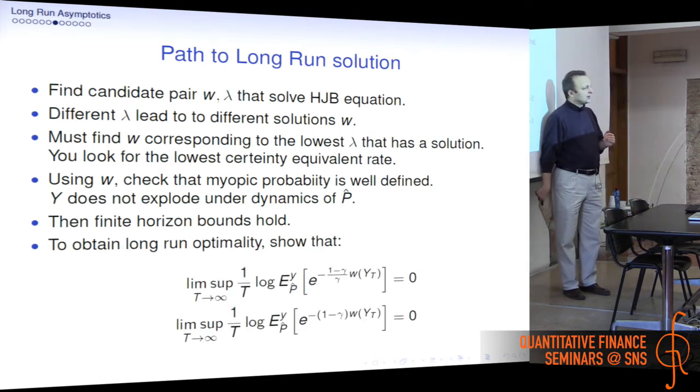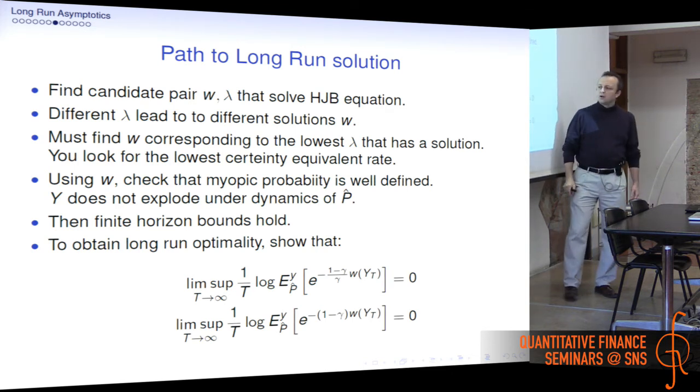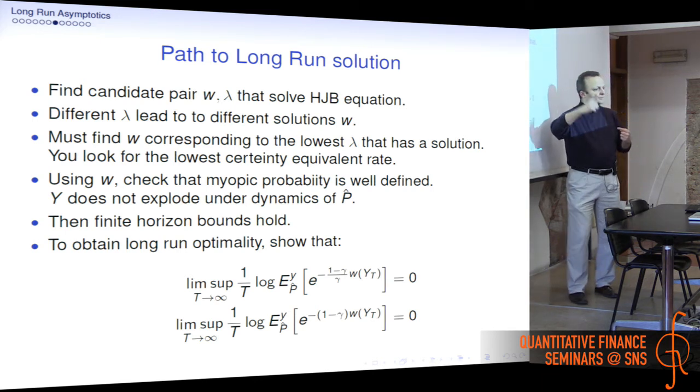And to check the theoretical optimality, all you have to check is that the growth rate of the error terms in the primal and the dual problems are both 0, okay? And this is typically done with, well, we have a theorem for that, and one can see whether the theorem applies. Even if the theorem does not apply, it doesn't really matter. You can try to do some estimate for the W that you have found and the Y that you have found, but practically, Y will be some ergodic process, okay?